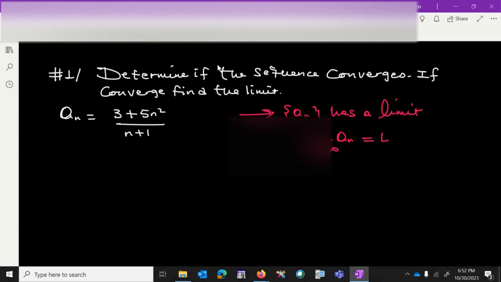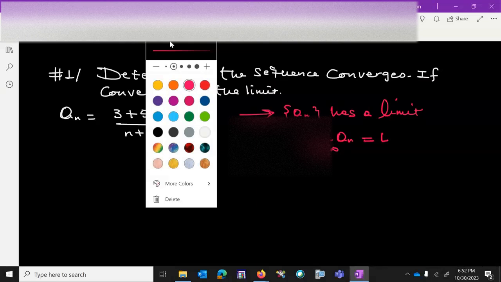If we find a specific number as the limit, we can decide that the sequence converges. If the limit is not a specific real number, for example if it is infinity, we say it diverges. Keep that in mind, and let's go to our problem.